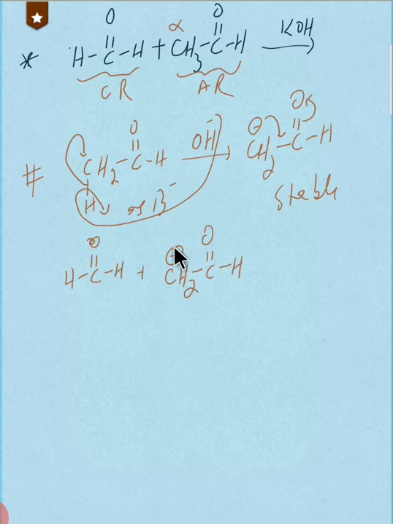So this can attack another molecule of acetaldehyde as nucleophile, but the chances of this enolate ion to attack this formaldehyde is more, because there is less steric hindrance in this case. So this will attack this carbonyl carbon atom to form an intermediate like this.